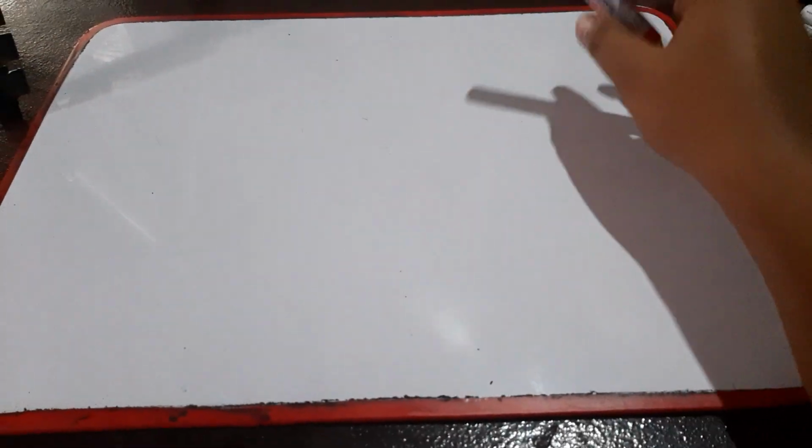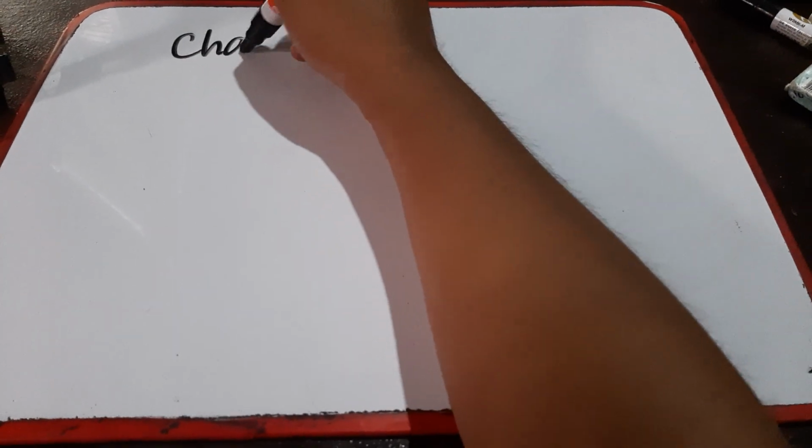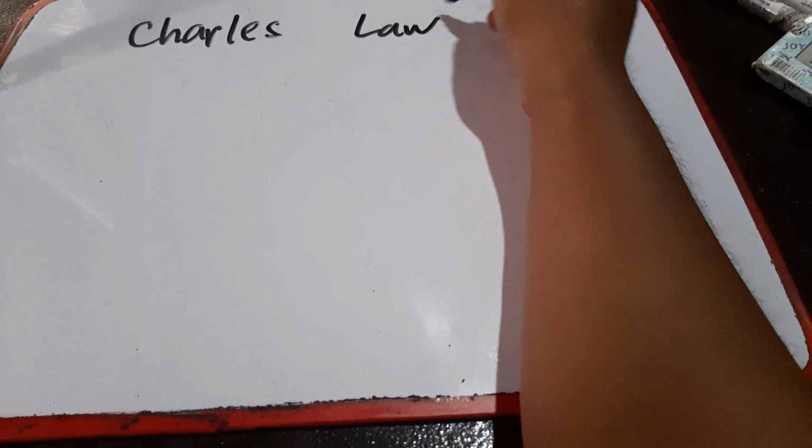Now, there was another scientist who realized another relationship between gases. Sana all may relationship. It was Charles, and this is our second law, the Charles law. I don't know if the apostrophe is here.